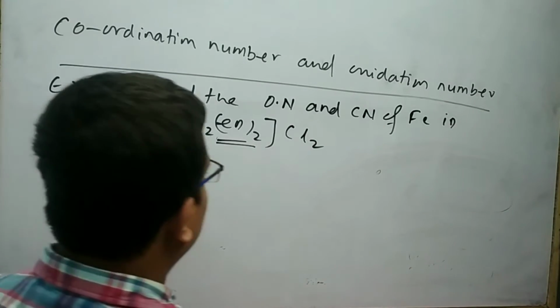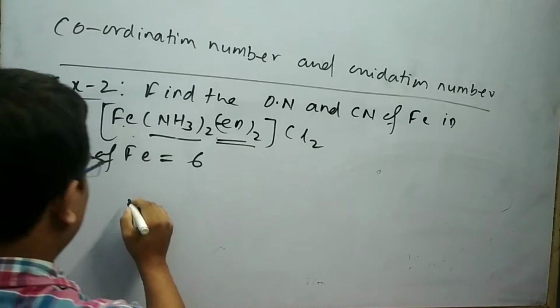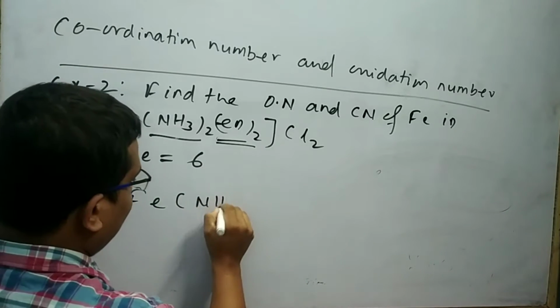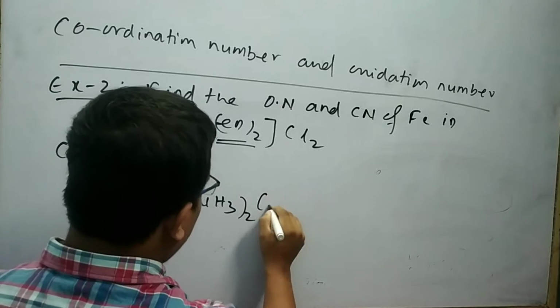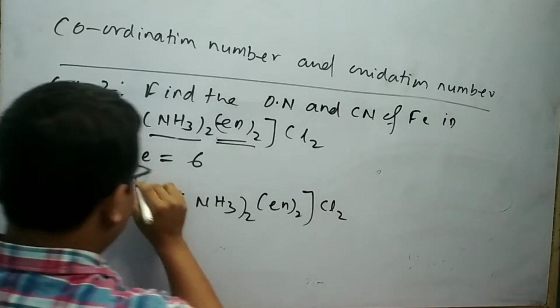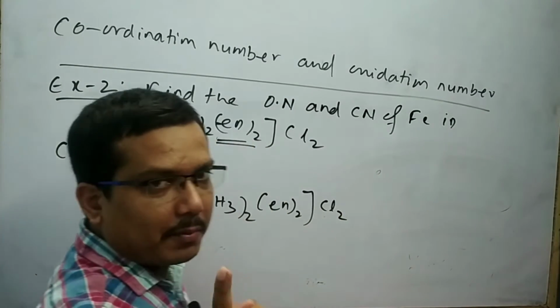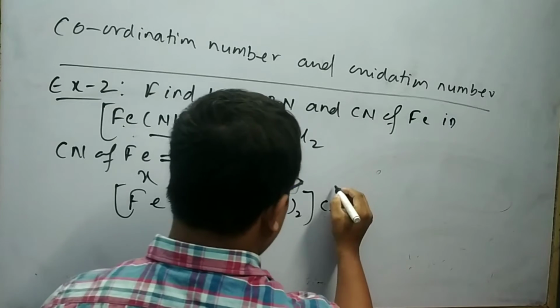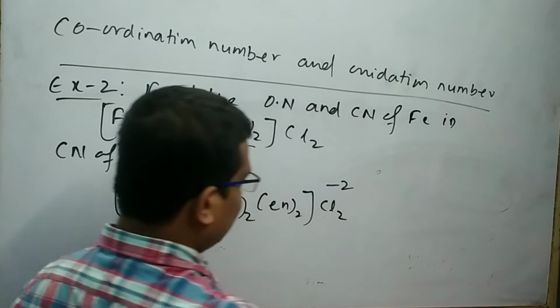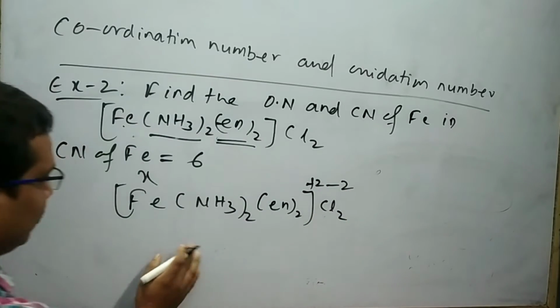Now I will find out the oxidation number of iron in this compound. Let the oxidation number of iron in this compound be X. We know that chlorine has a -1 charge, that means here I can write -2. As a result, this part is +2.